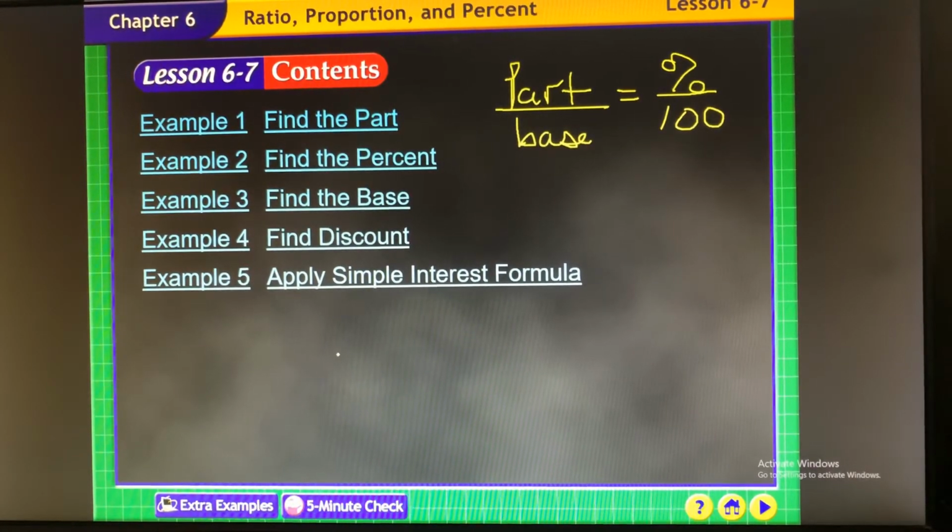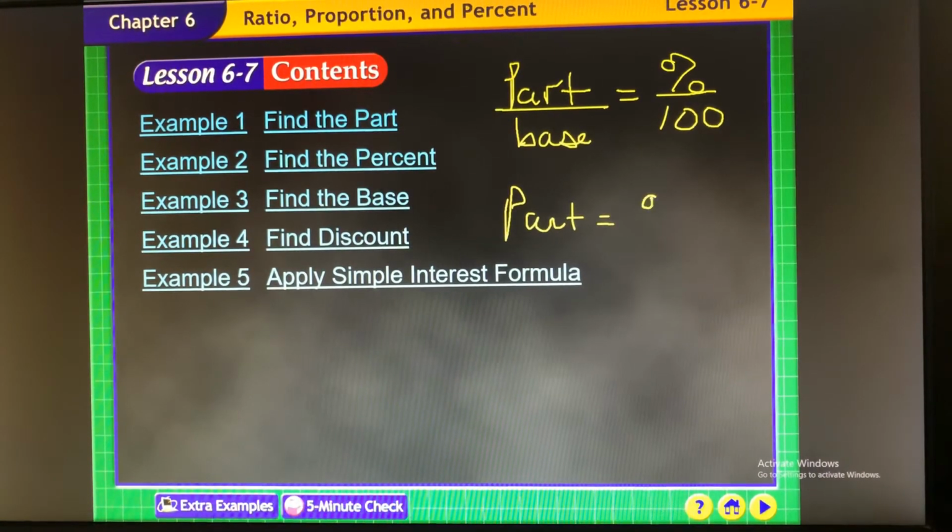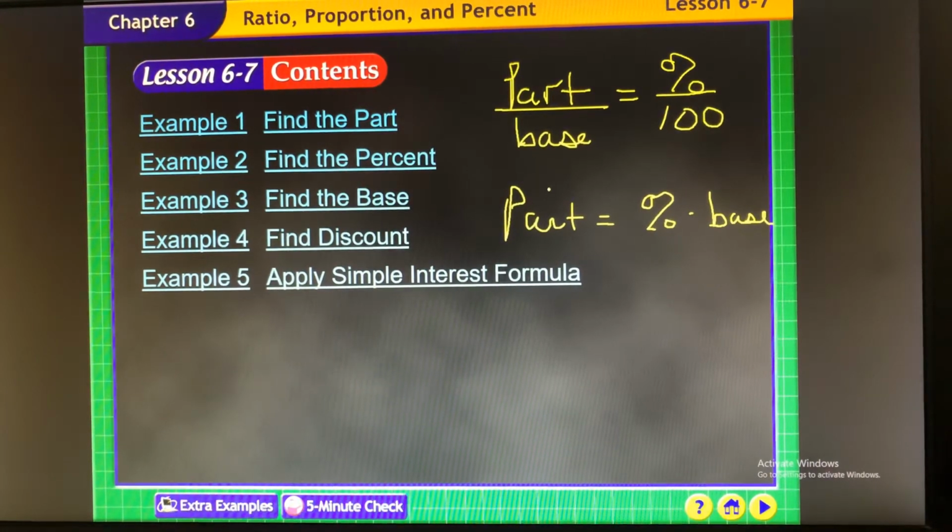So it's the same kind of problems that we're doing, only now it's going to be an equation that looks like this. Part is equal to percent times base, okay? And then you'll just solve it because it'll be like a one-step equation. This is still your is, and this is still your of. The hard thing though is that you can't use a percent.